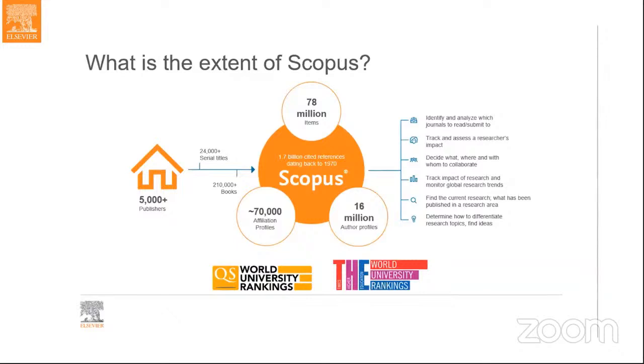Because of the size of Scopus and the global overview that it has, it really gives you an in-depth look at what is the global publication within a research area. And for this reason, Scopus is also used by ranking organizations.